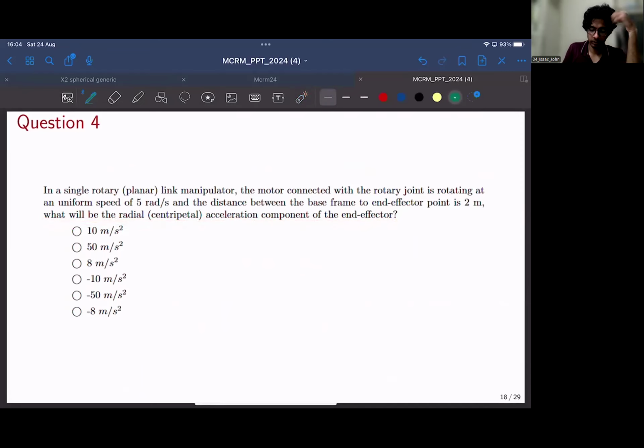So I'll simply write down the given data. We have been given a rotary manipulator that is rotating at a speed omega of 5 radians per second, so 5k radians per second.